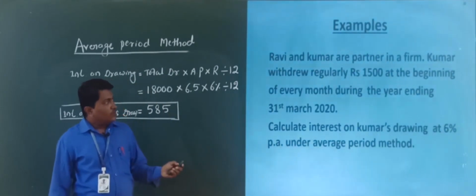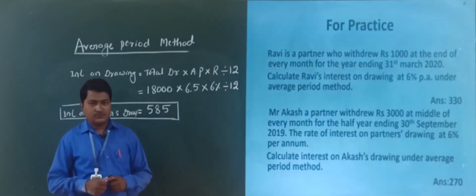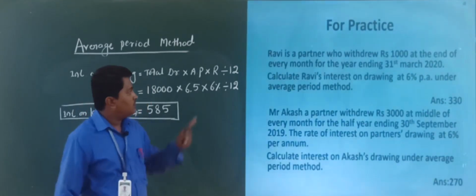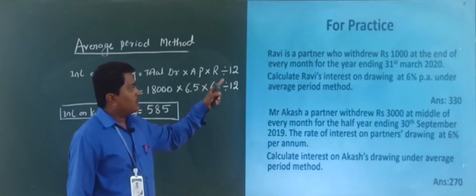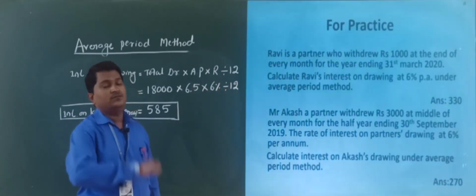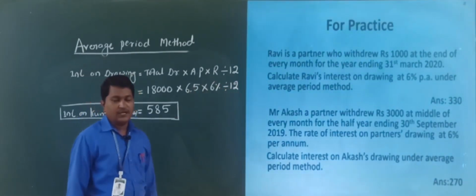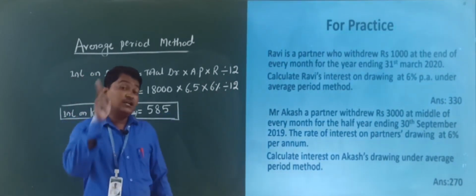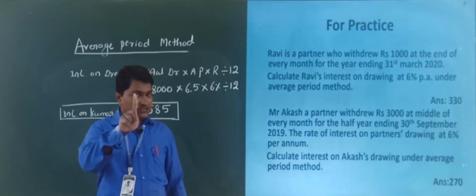So you please try these two problems. I give some hints for this problem. First of all, Ravi is a partner who withdrew rupees 1000 at the end of every month for the year ending 31st March. 31st March means full year.